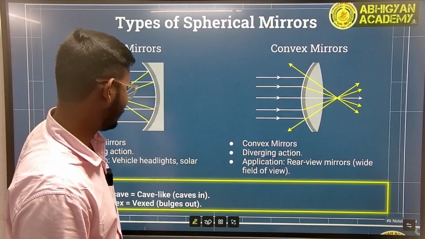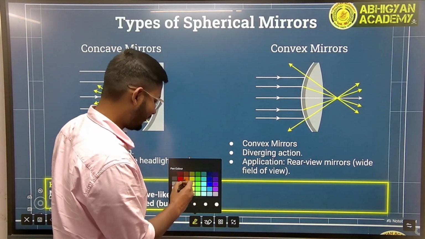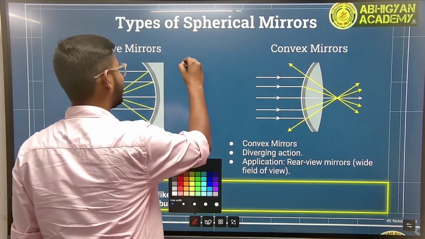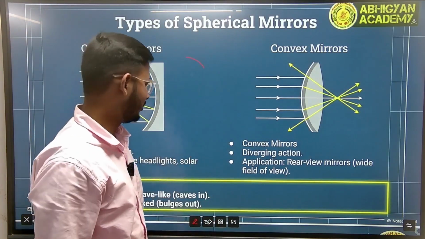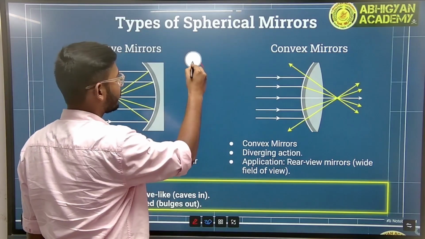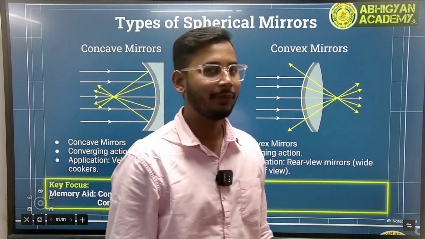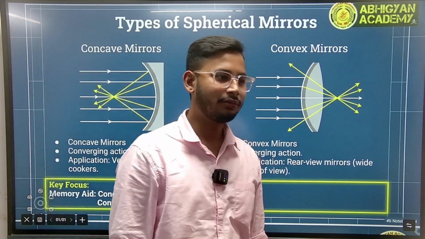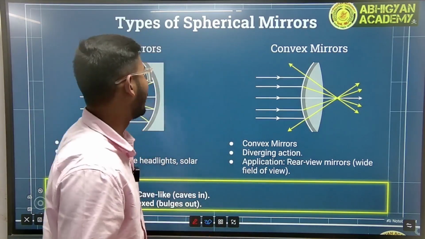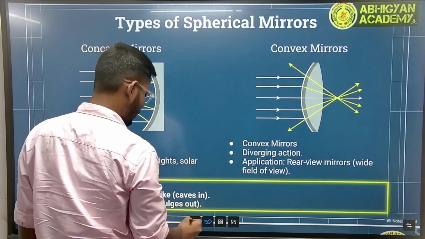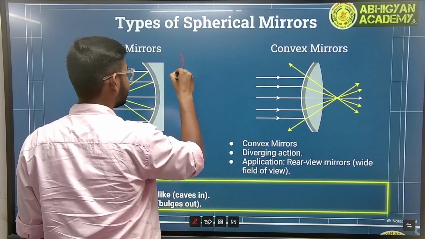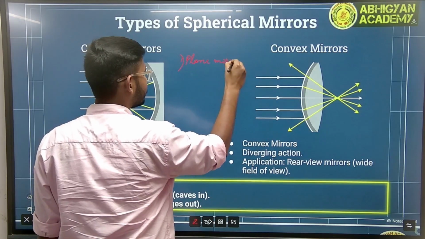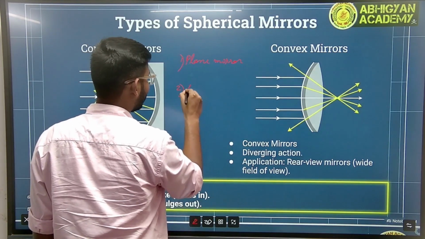While talking about reflection, we need to talk about mirrors. We get two types of mirror. One is the plane mirror and another is the spherical mirror.